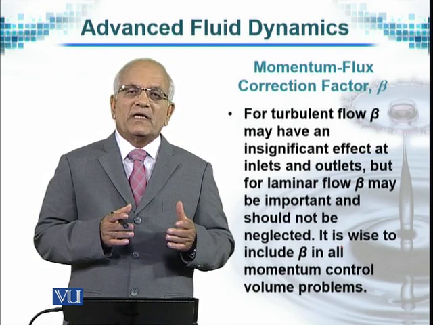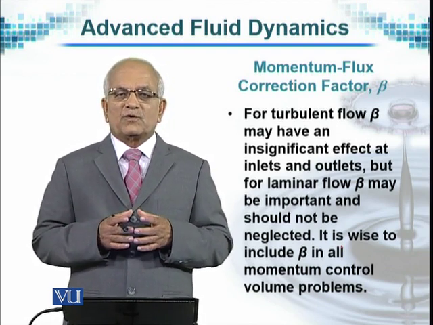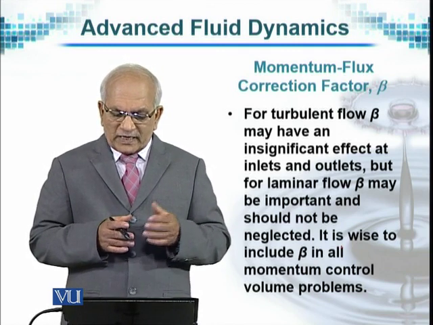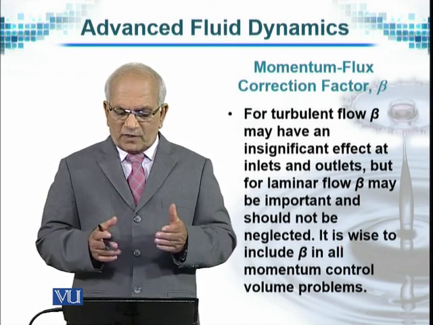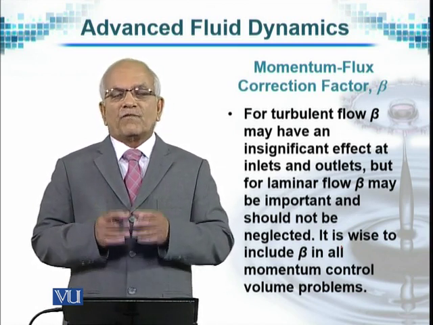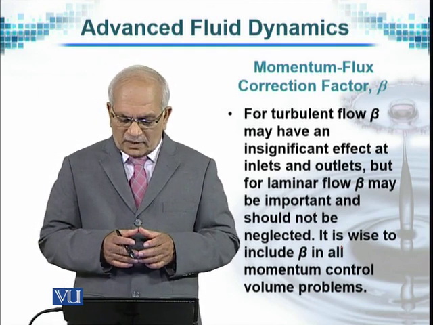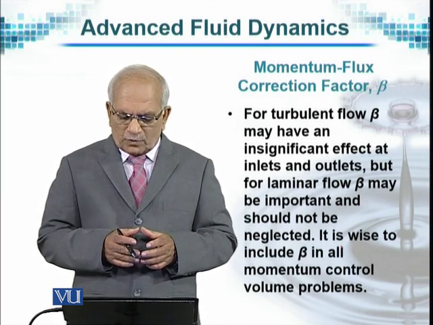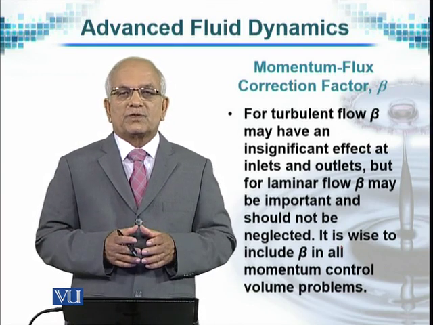We have already mentioned that turbulent flow occurs when beta is equal to or very close to 1. But in such a situation, the flow field can be different at the inlet as well as the outlet, and it is wise to include beta in all momentum control volume problems.